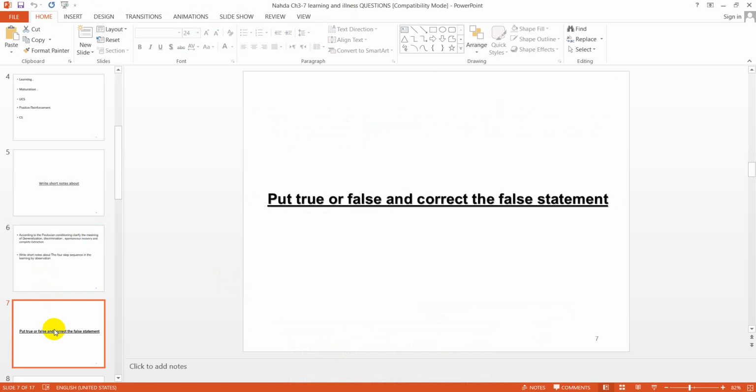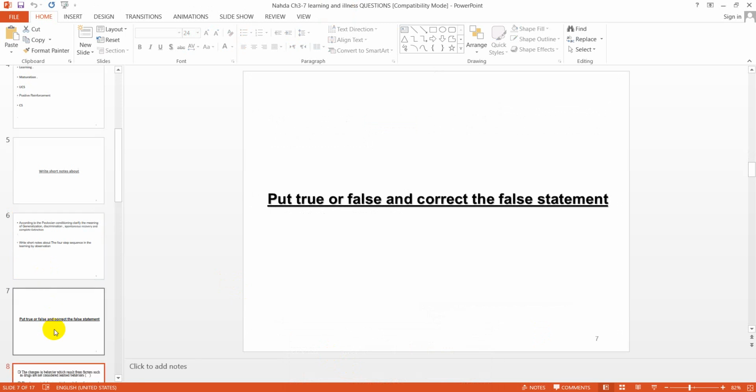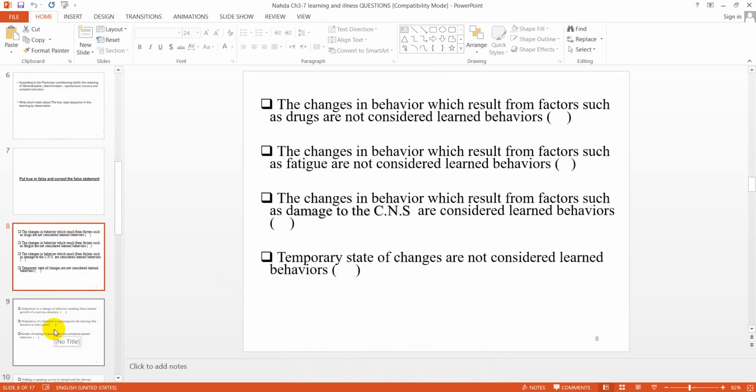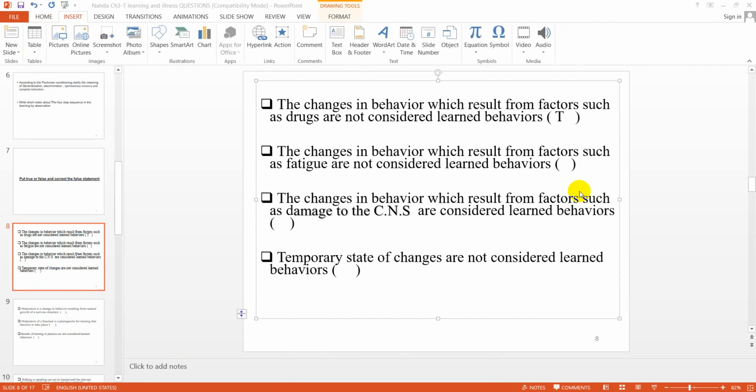Now put true or false and correct the false statement. Statement number 1: the changes in behavior which result from factors such as drugs are not considered learned behavior. Yes, true. The changes in behavior which result from factors such as fatigue are not considered learned behavior.